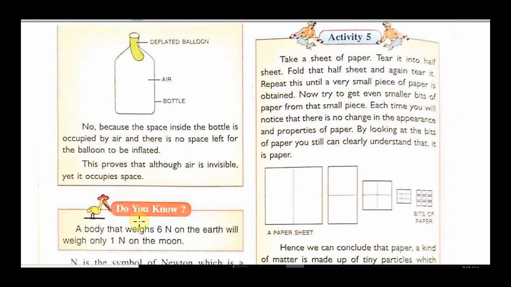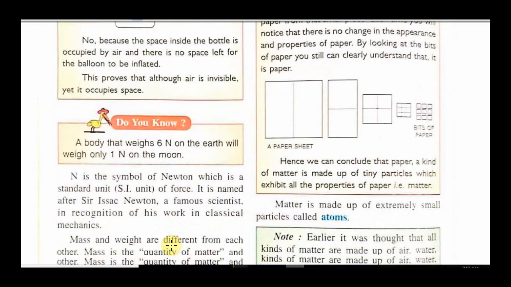We will come to this box. A body that weighs 6 Newton. This capital N means Newton. Newton is the unit of weight. A body that weighs 6 Newton on Earth will weigh only 1 Newton on the moon. This is the fact.